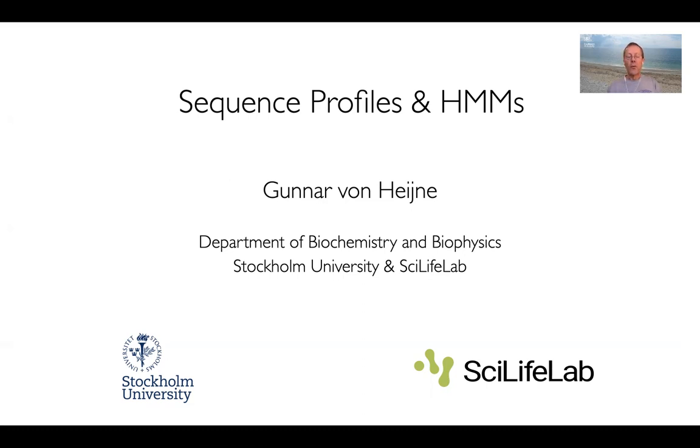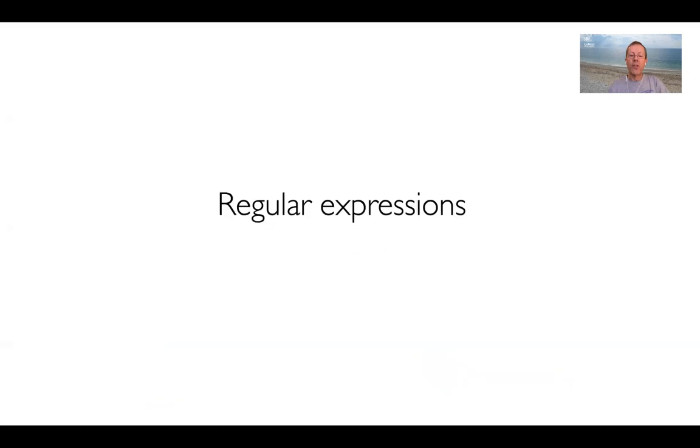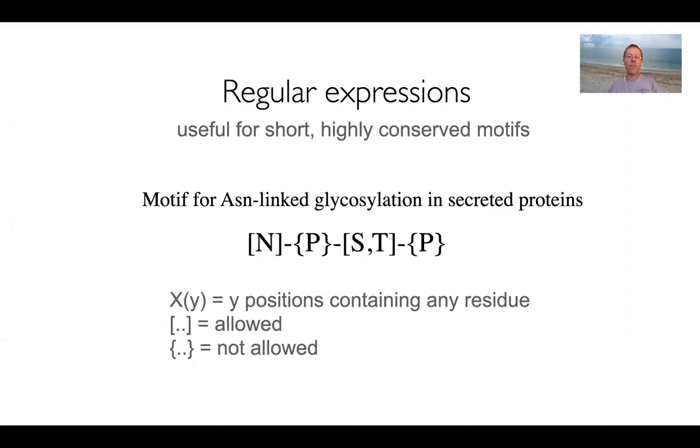So I will go through a few different ways to represent a multiple sequence alignment. And as a simple start, I will say a few words about maybe the first way to represent multiple sequence alignments, a very simple way called regular expressions.